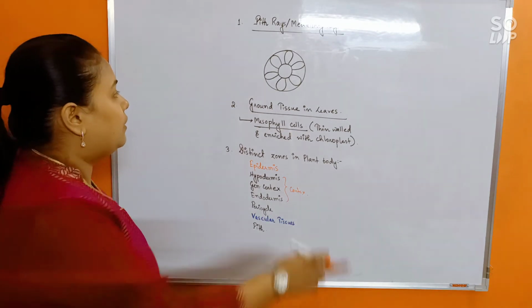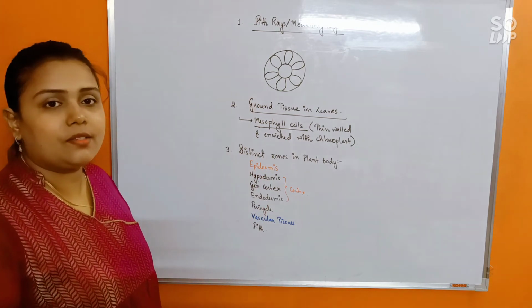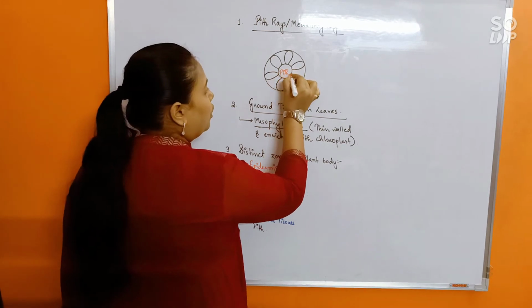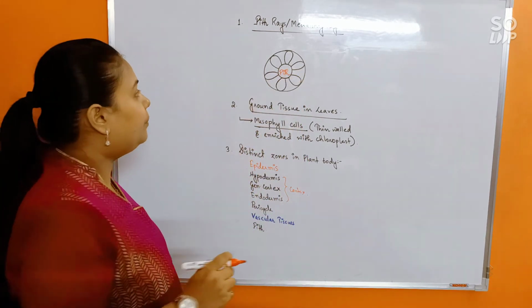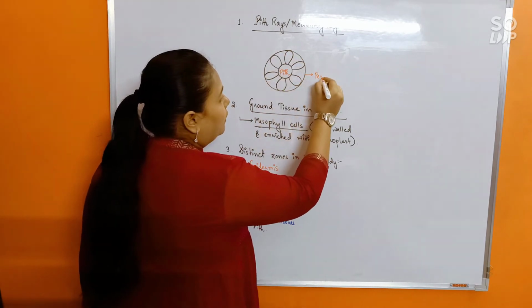So now look at this. I was trying to tell you something called pith rays or medullary rays, right? Suppose this is pith, the centralmost core region of the plant body, and this is the pericycle.